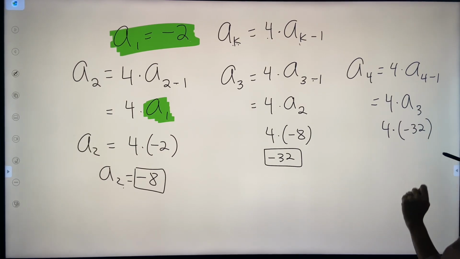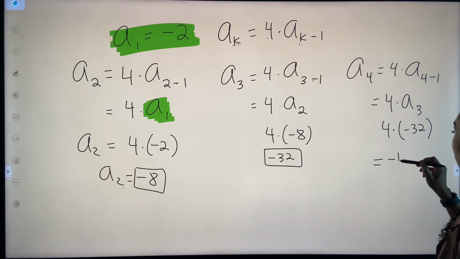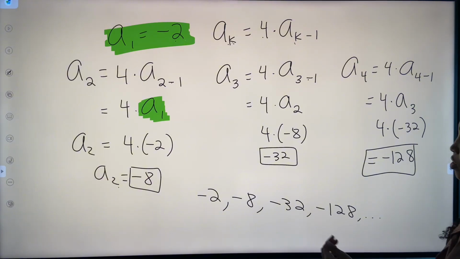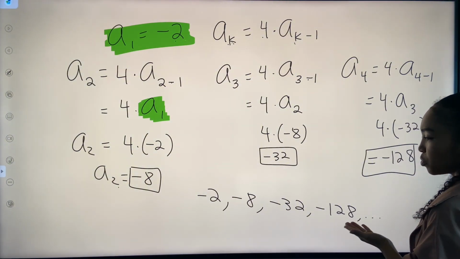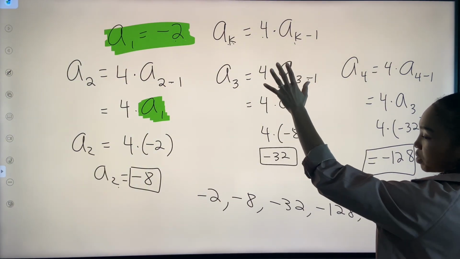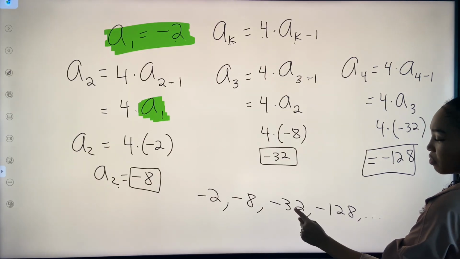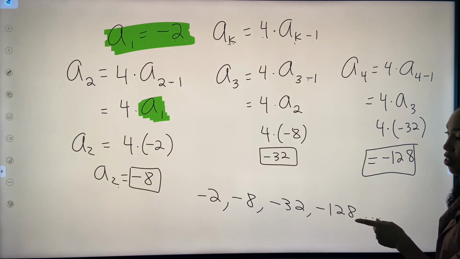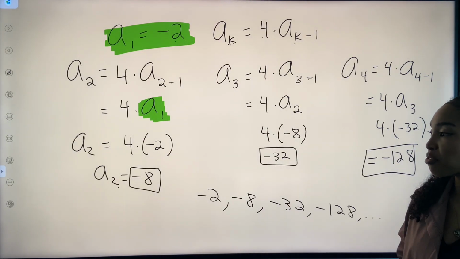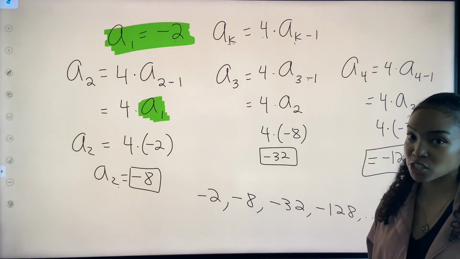Negative 32 times 4 is negative 128. So these are the first few terms of this recursive formula. Negative 2, negative 8, negative 32, and negative 128. They're multiplying by 4 every time. So that means this is a geometric sequence.